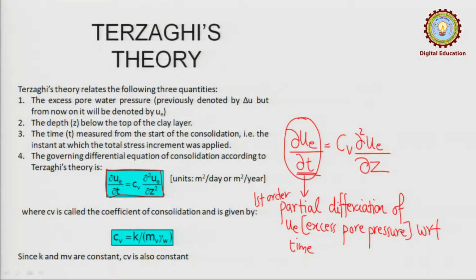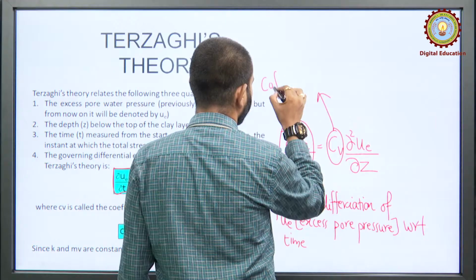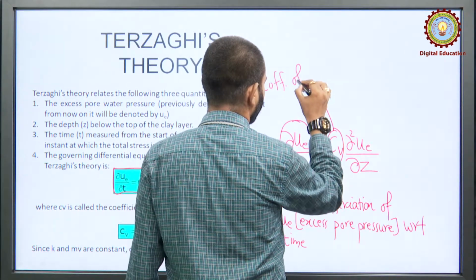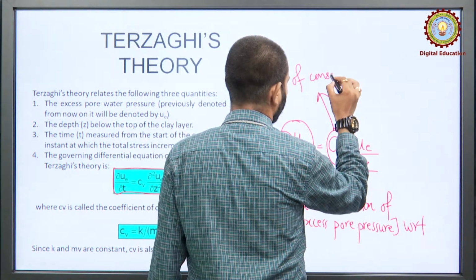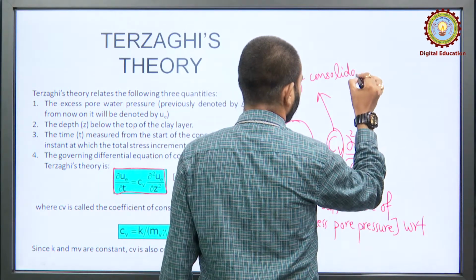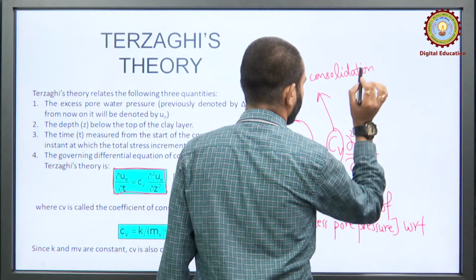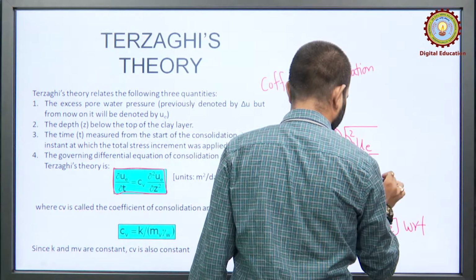So, this was one part. And CV you already know, this is the coefficient of consolidation. And what is this?